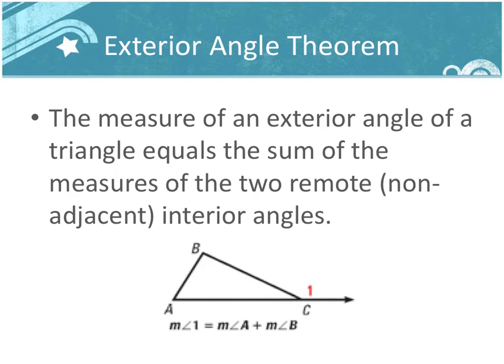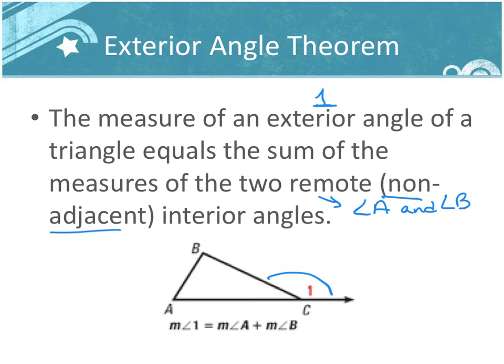So what it means by non-adjacent are the two angles that are not next to that angle that's outside. So for example, this is the angle that they're referring to as far as the exterior angle, that's going to be angle 1. And then angle A and angle B, these are going to be my two remote non-adjacent interior angles. They're inside the triangle and they're not next to angle 1.